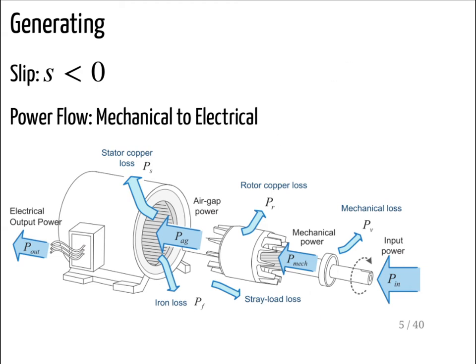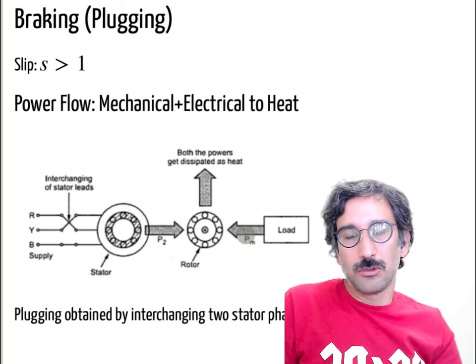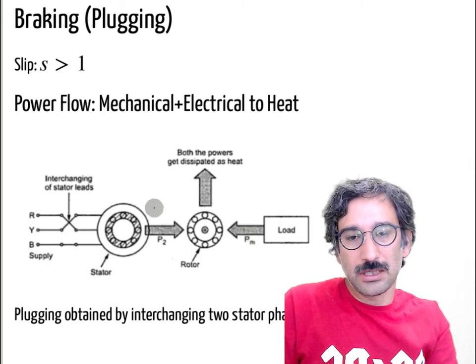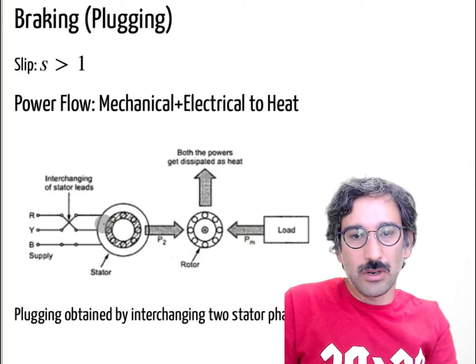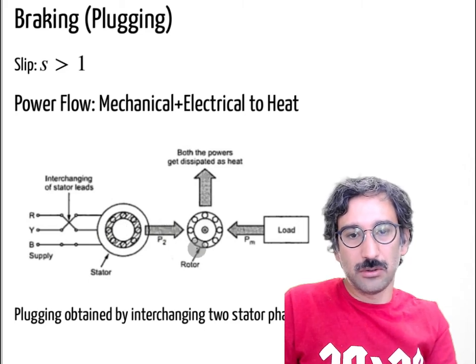In the plugging mode, it is different because it's not really in the generating mode, but you are still consuming some power from the power supply. So actually, you are using some electrical power, and that power is transferred to the rotor.